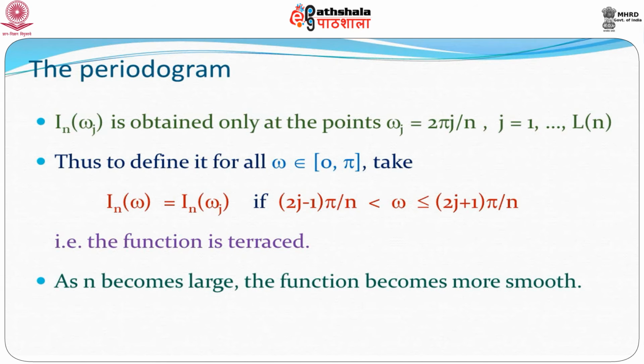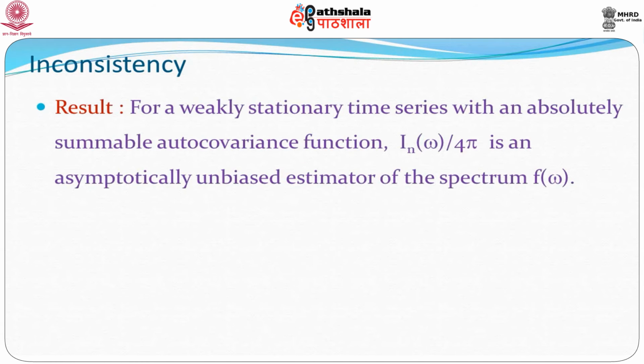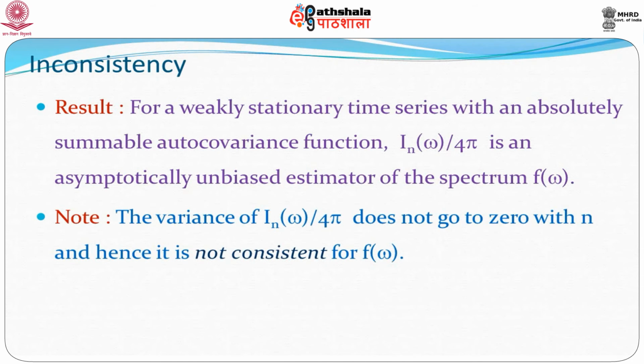However, as n becomes large, the twice pi j by n values become smaller and smaller, they come closer and closer, and hence this function becomes smoother and smoother. Hence, for large n, we will have a very smooth function. The problem with the periodogram is that for a weakly stationary time series with an absolutely summable autocovariance function, I n omega by 4 pi is an asymptotically unbiased estimator of the spectrum, but the variance of I n omega by 4 pi does not go to 0 with n.